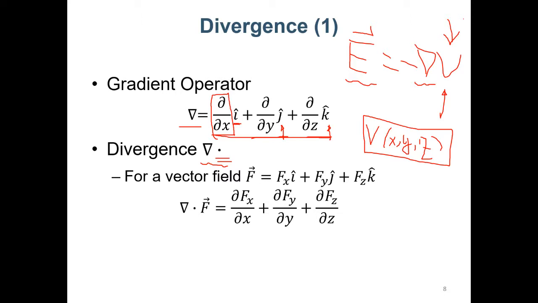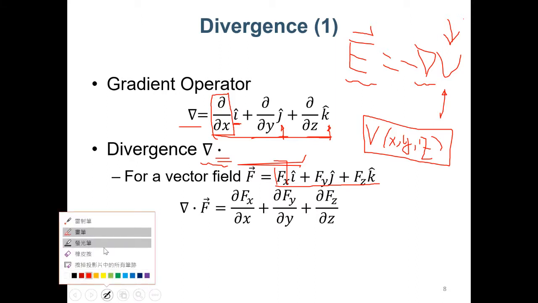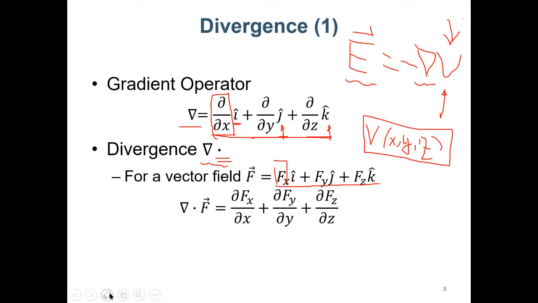If you have a vector field, namely F, or it can be the E field, B field, or other field, it can be written as Fx, which means the x direction component of F, the y direction of F, the z direction of F, so that we decompose it into different components. i, j, k are three orthogonal bases.